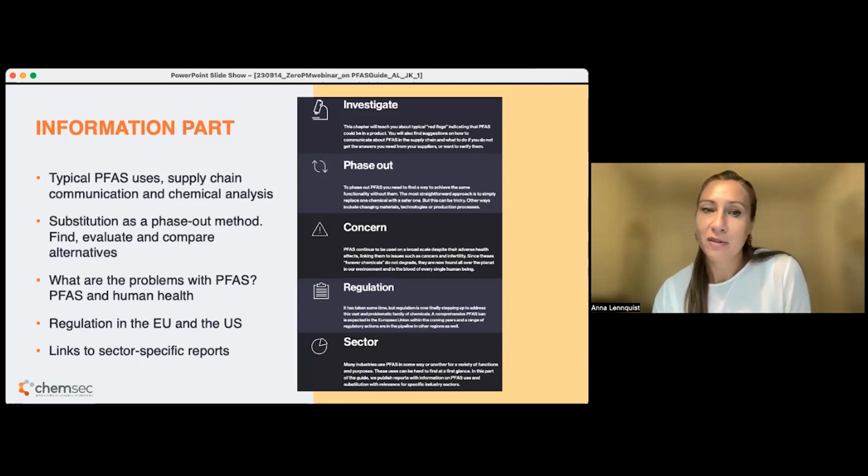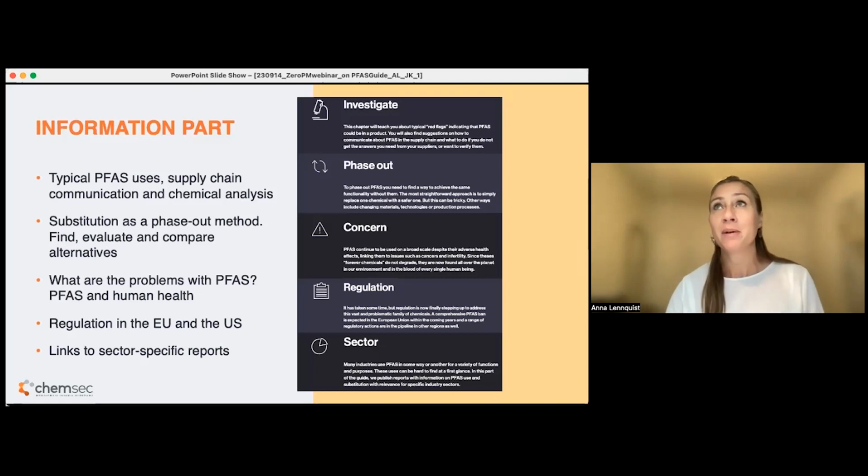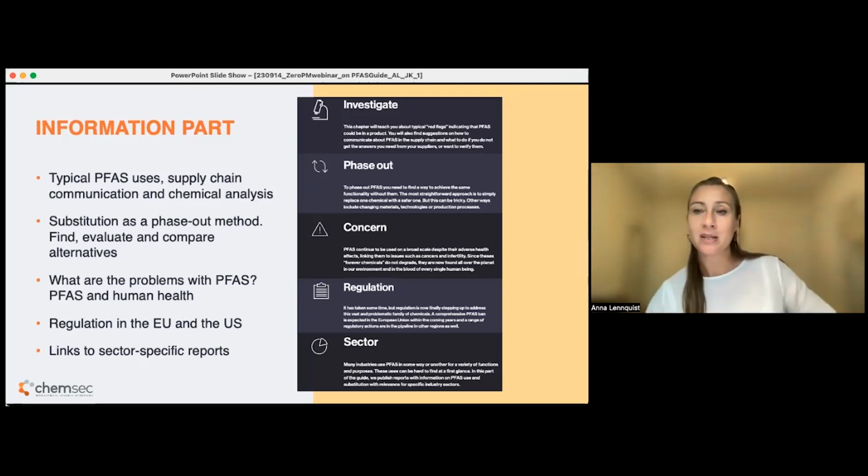Then we have a very brief section on regulation. Much is happening when it comes to regulation of PFAS globally. Very much is happening in the EU, what was mentioned with this universal restriction proposal, but there is also a lot of things happening in the US. We described that very briefly because there it's many different things happening in many different member states, and they are not always about regulation.